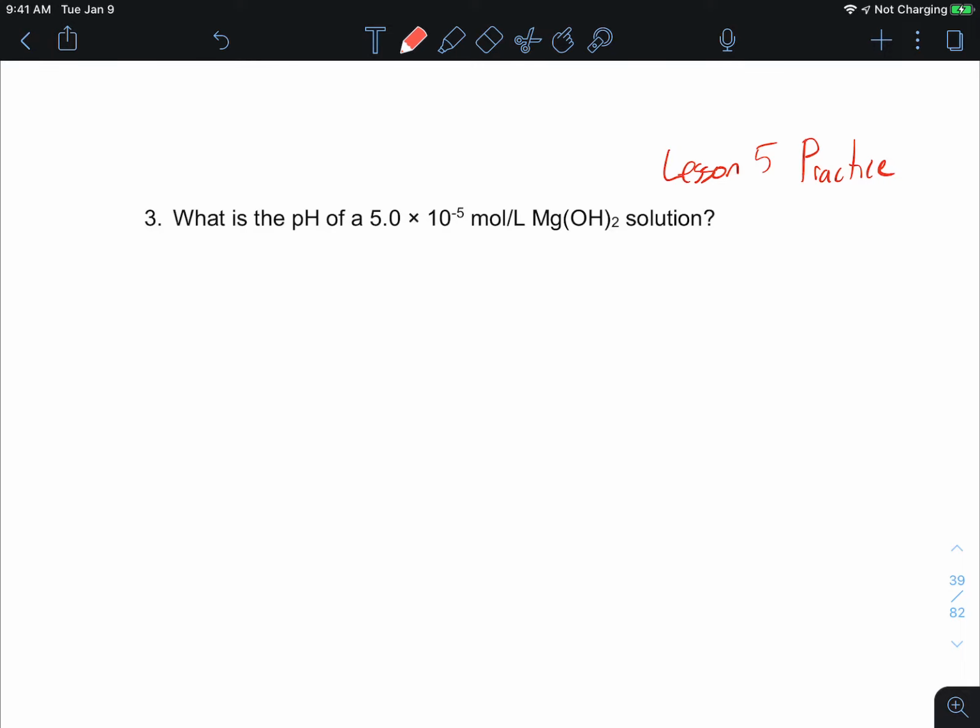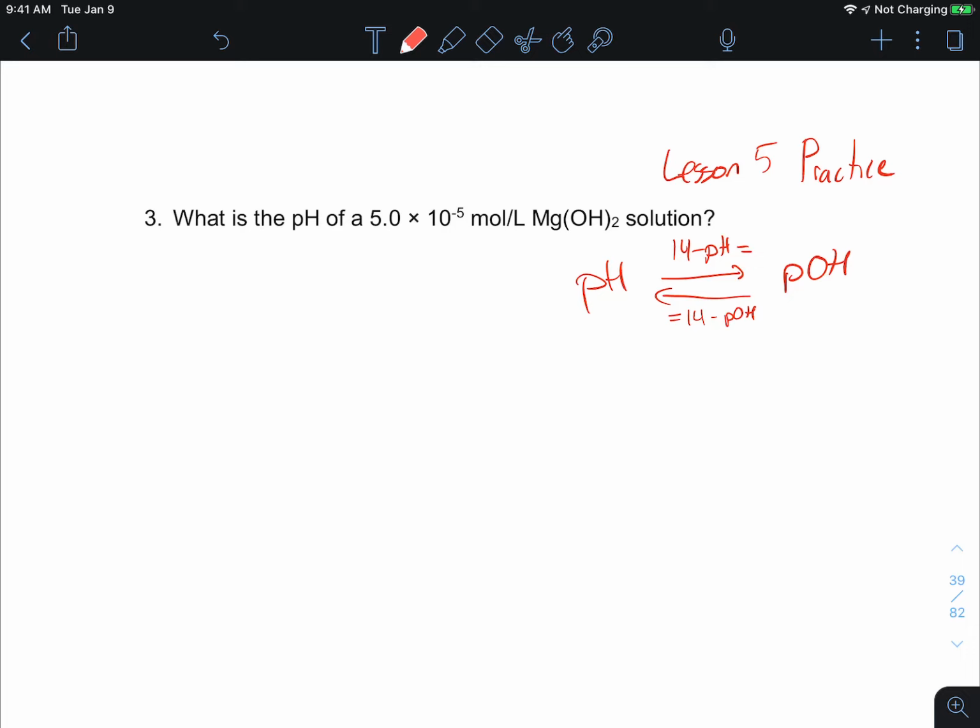So to figure this out, there are a couple of routes you can go. pH can be converted to pOH by taking 14 minus pH, which will equal pOH. Same thing, you could go the other way. You could take 14 minus pOH, and that would give us pH.